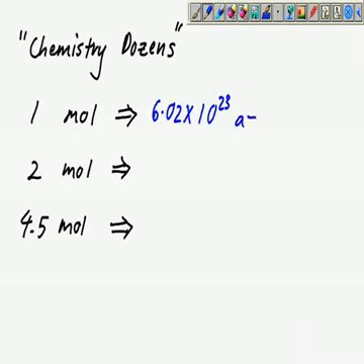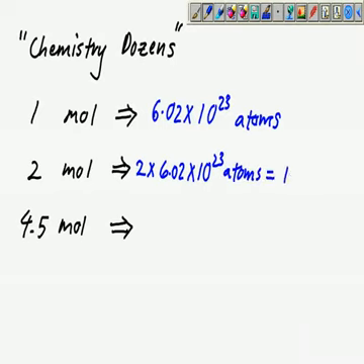Okay, let's just call them atoms first. Alright, so 2 mole will have 2 times 6.02 times 10 to the power 23 atoms. So you would get 1.204 times 10 to the power 24 atoms.